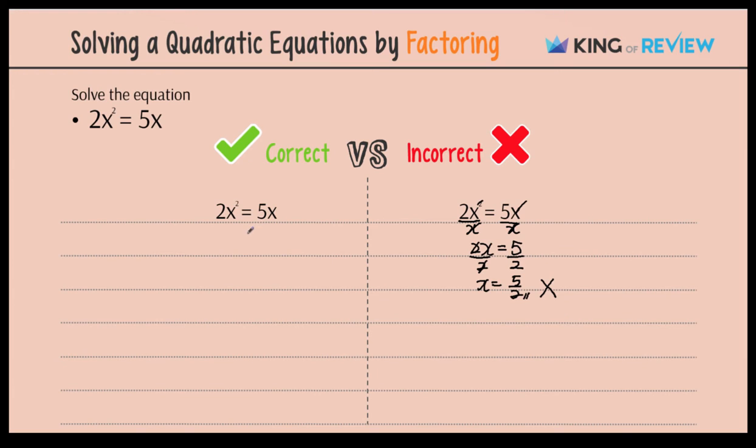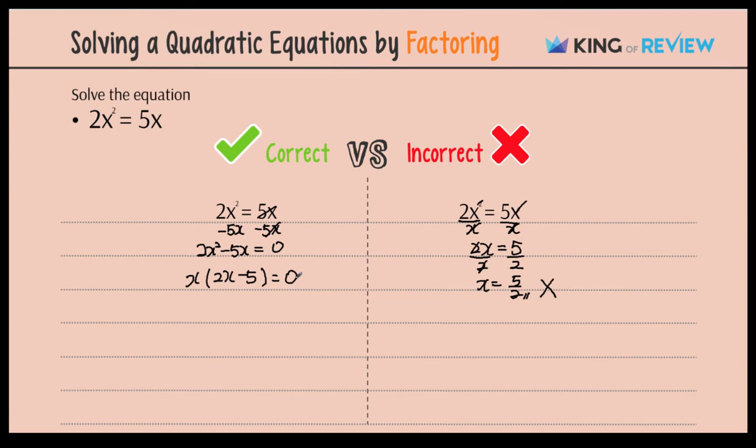The first step is to write the equation in standard form by subtracting 5x. So we get 2x squared minus 5x equals 0. There is a common factor x, so let's factor out the x. x times 2x minus 5 equals 0.